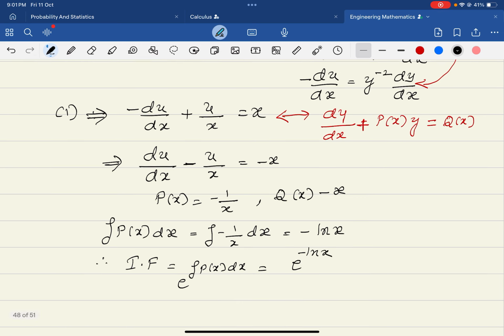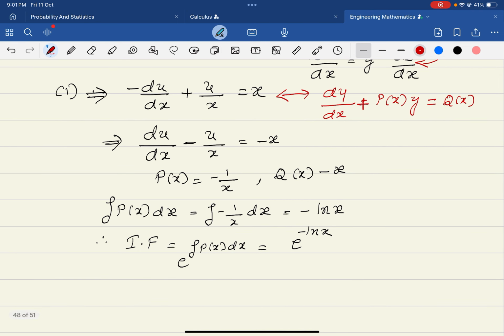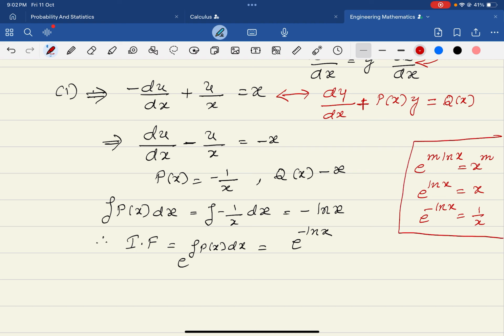We have done this already in the linear examples. e power minus m ln x is x to the power of m. Similarly, e power ln x is x, and e power minus ln x is 1 over x. All this we did in the linear class when we were doing the linear differential equations. So this can be written as 1 over x. This is the integrating factor. So therefore, what is the general solution now?